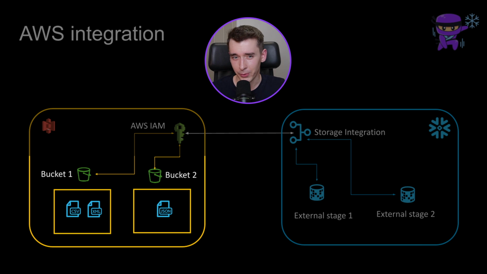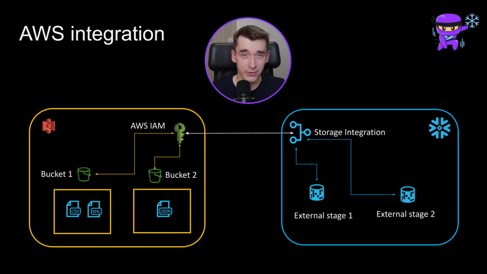Just imagine how powerful this tool is. Many S3 buckets, different external stages, and one storage integration. But be cautious, because adding too many buckets into one storage integration may not be a good idea when it comes to maintaining this integration in the future.